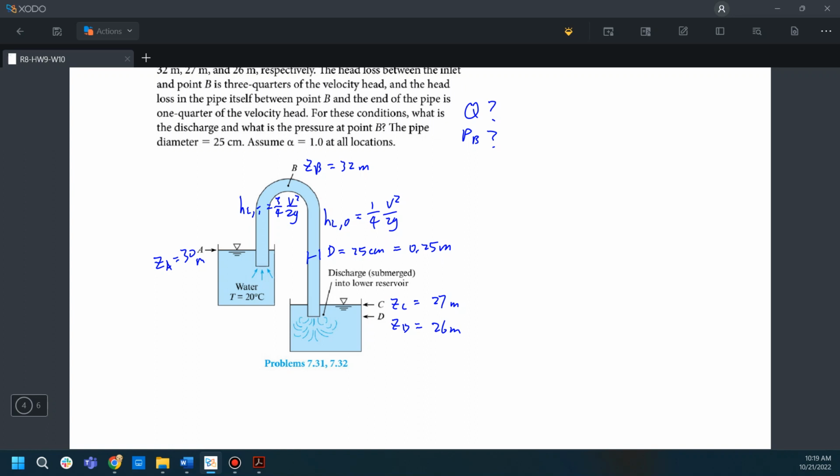So we can say that the total head loss is the sum of these two head losses. This gives us the total head loss of V squared divided by 2g. Right.